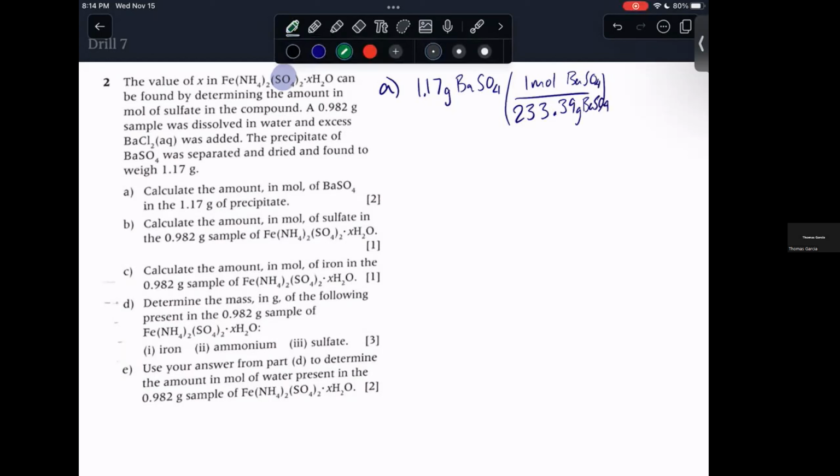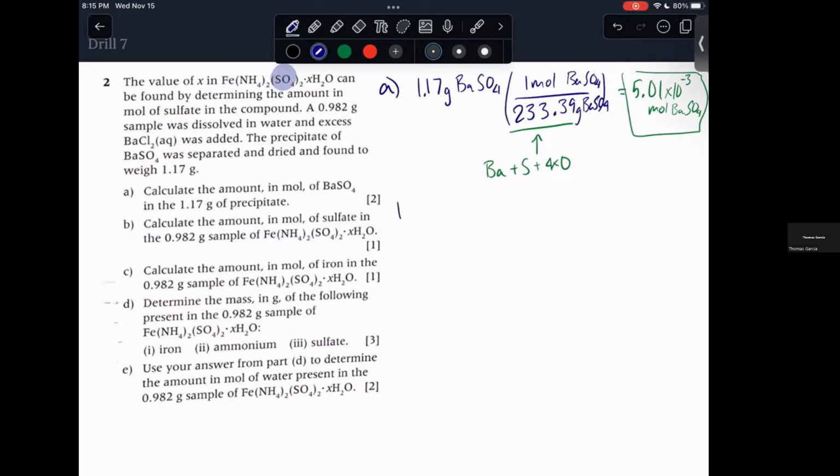This mass right here, 233.39, is just a combination of the molar mass of barium plus sulfur plus 4 oxygen masses. With that, when we solve this all out, we get an answer of 5.01 times 10 to the negative third mole barium sulfate. All right.